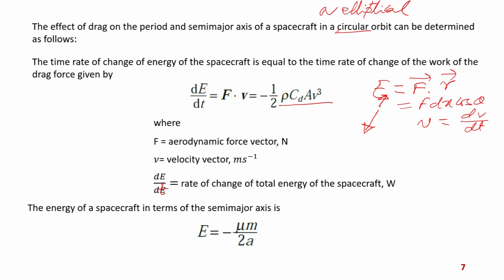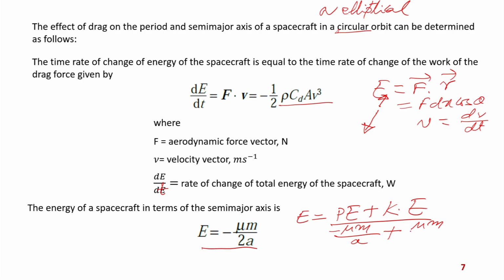We know the total energy of a spacecraft in orbit is given by this expression. This comes from E equal to the summation of the potential energy as well as the kinetic energy, and it is very easy to show that the potential energy is given by minus mu m divided by a, and the kinetic energy is given by mu m divided by twice a.